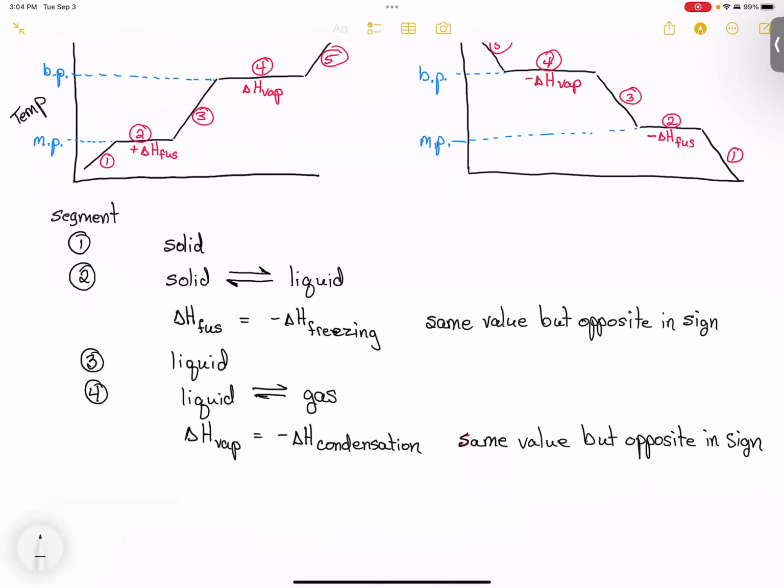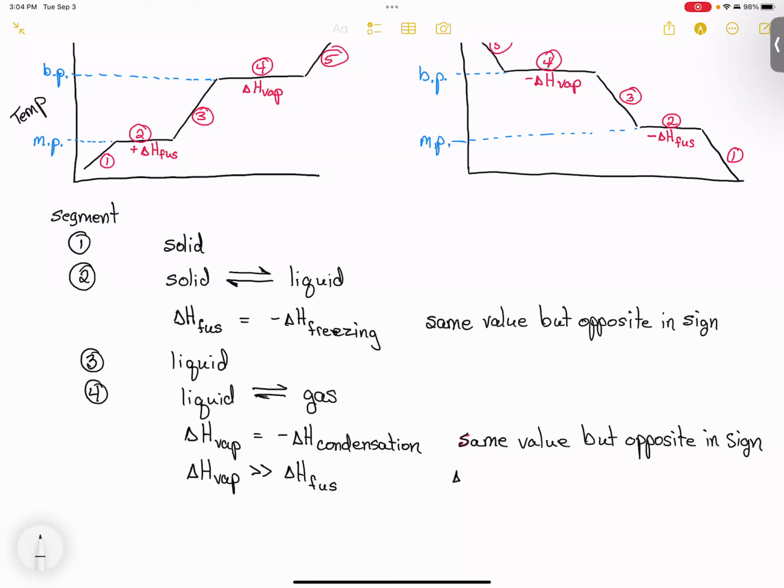Now, one of the things that isn't, I mean, I tried to draw it that way, but it's not ideal, is that the delta H of vaporization is significantly larger than the delta H of fusion. Why is the delta H of vaporization significantly larger than the delta H of fusion? You have to break all the attractive forces, besides fusion just partially. Yes.